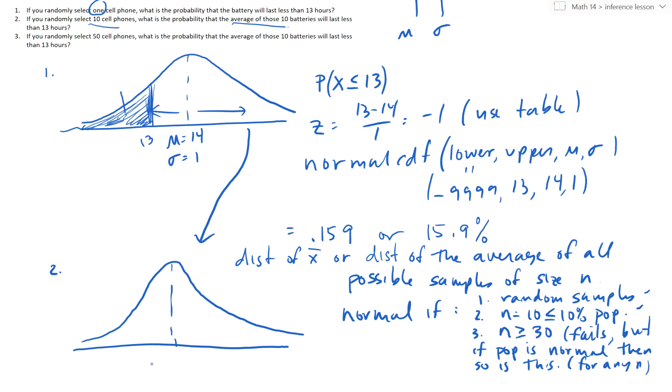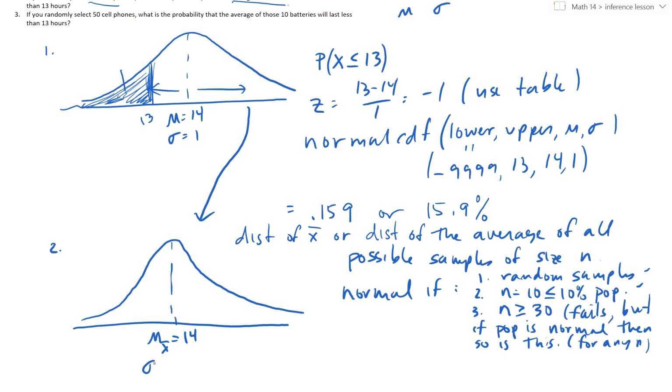So the mean, mu x bar, is 14, and the standard deviation, remember what that is? It's sigma over the square root of n, which is 1 over the square root of 10, which is 0.3162.